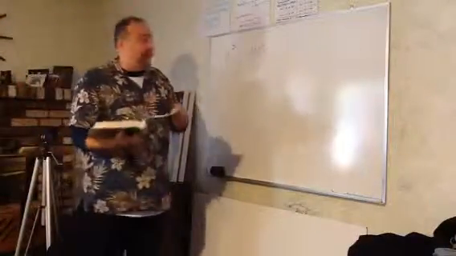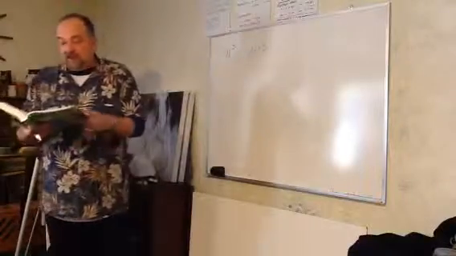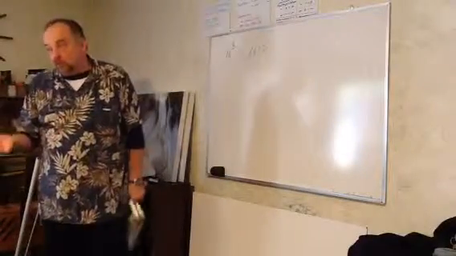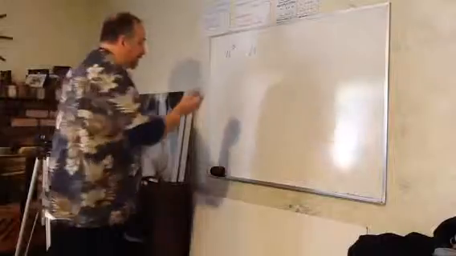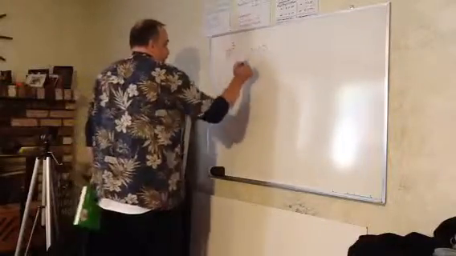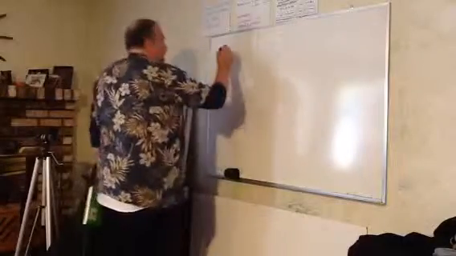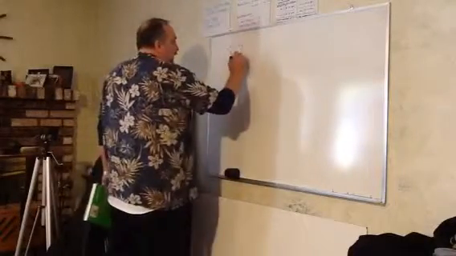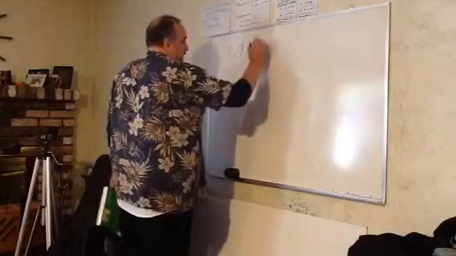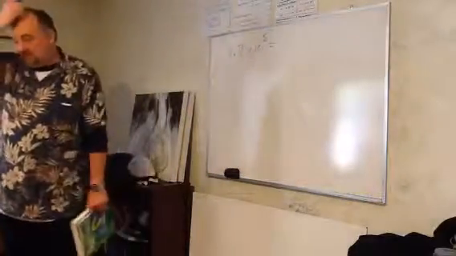And then if we multiply it out, we go 8.7. Now I want to show you something really cool. Okay? Watch this. 8.7 times 10 to the 5th.